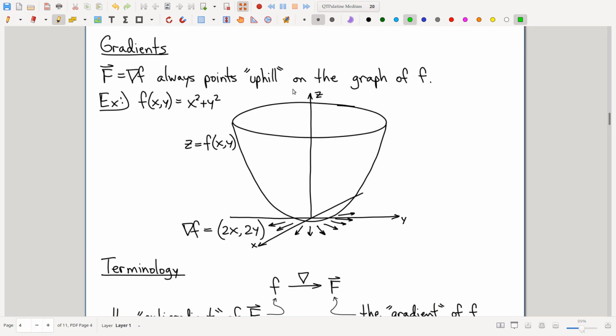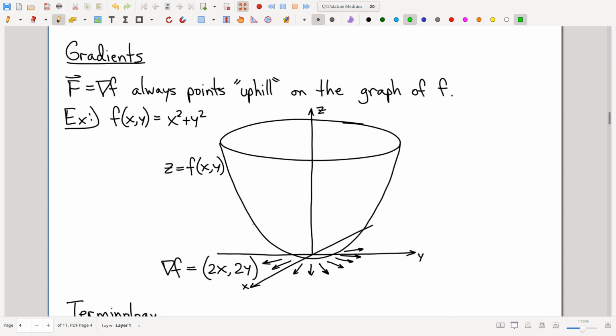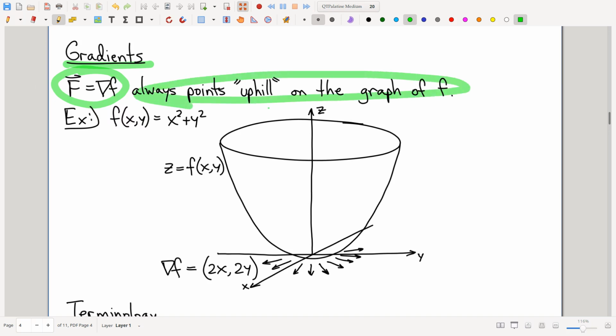Okay, another example. Oh, why don't I do that? That's better. Here is an old idea. Y'all remember gradients, right? If you have a real valued function, you can talk about its gradient vector. And we know that gradient vectors always point uphill on the graph, right? That's all old news.